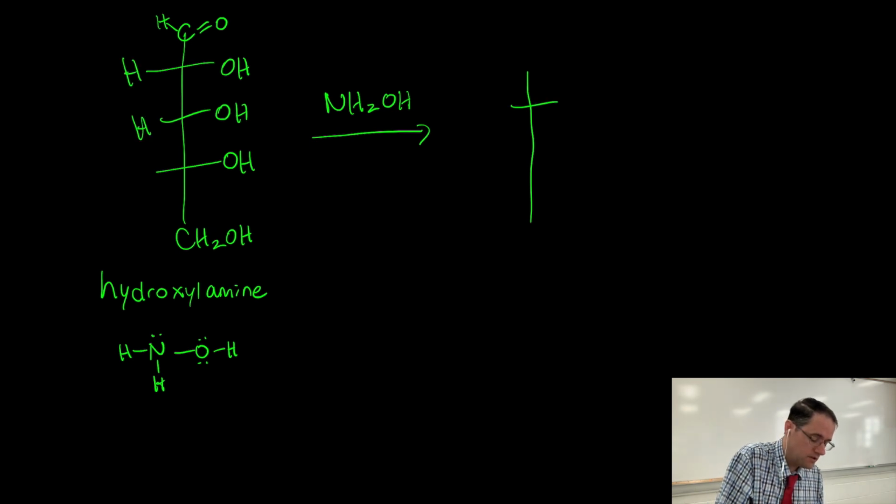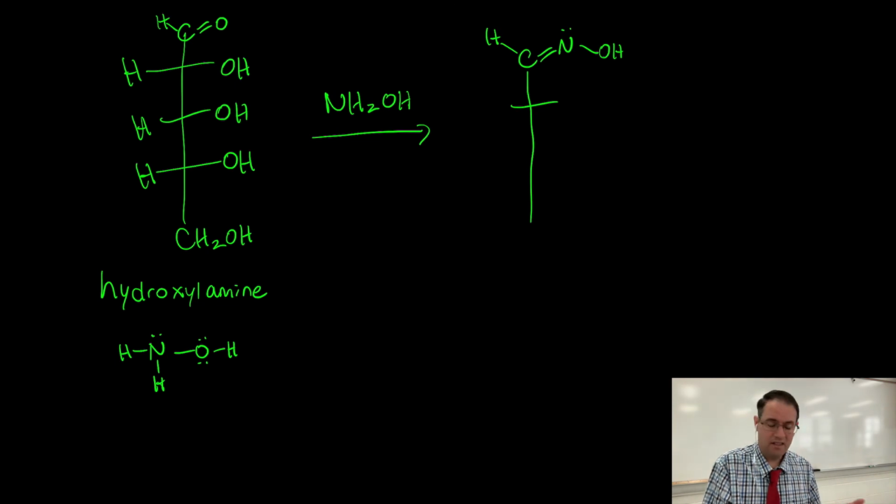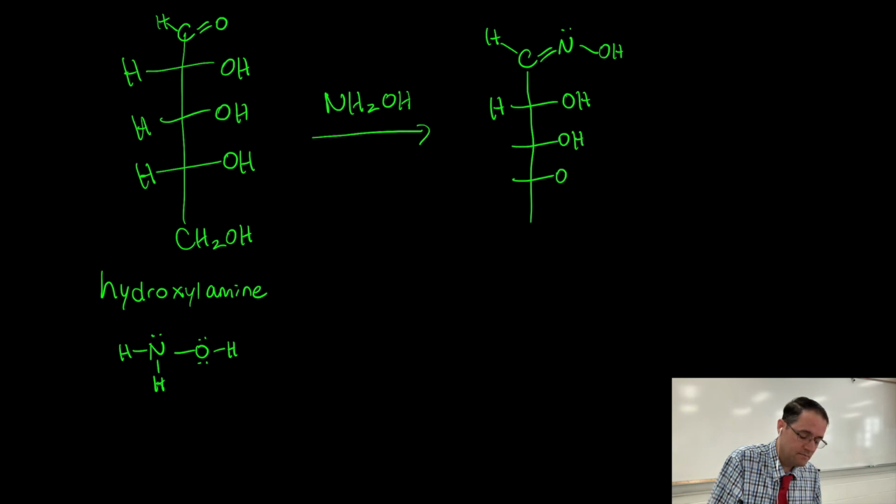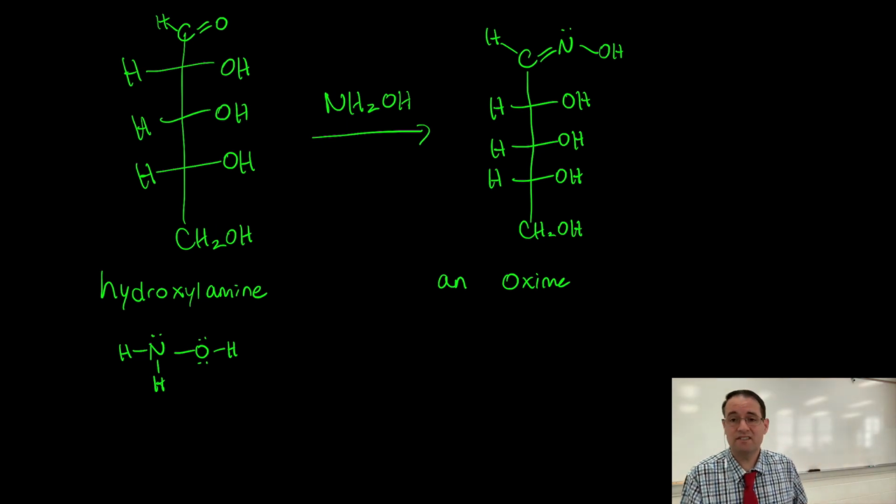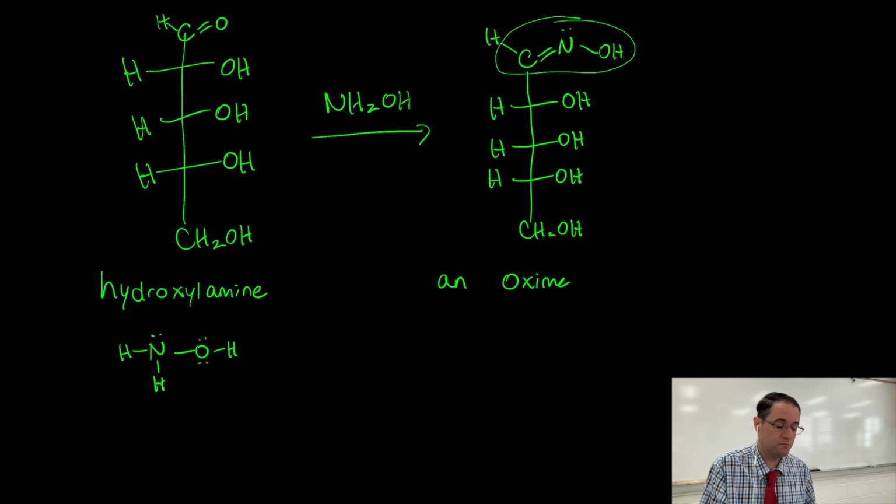Add in all those H's here. So it kind of looks like an imine. So this is an oxime. Okay. It's a derivative. It's not oxime itself, it's an oxime. It's an example of that. Okay, so this is your oxime functional group.